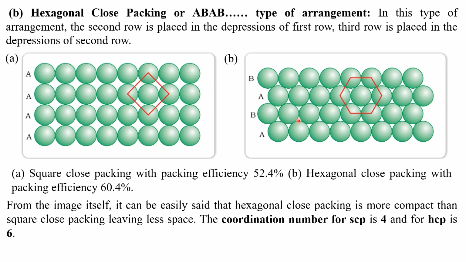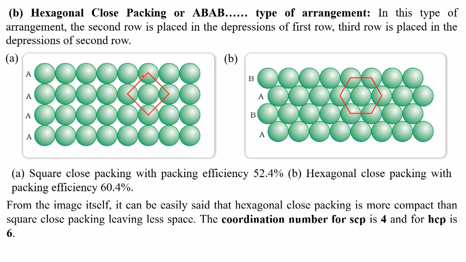So this is hexagonal close packing. Now, from the image itself, it can be easily said that the hexagonal close packing is more compact than square close packing, leaving less space. You can see very less space here. So you get hexagonal like this, and this is your square.